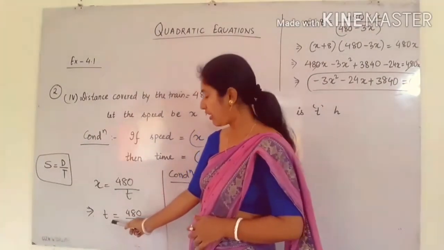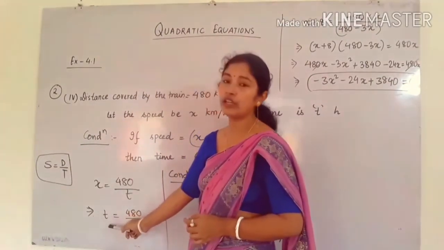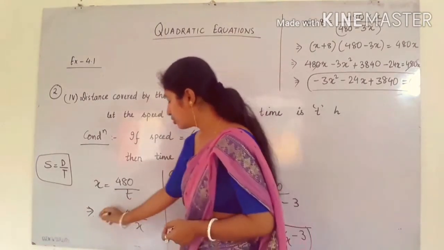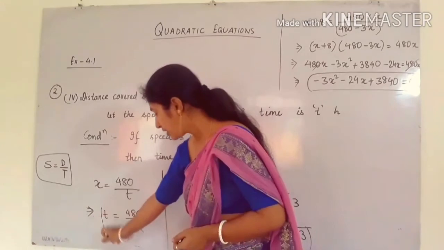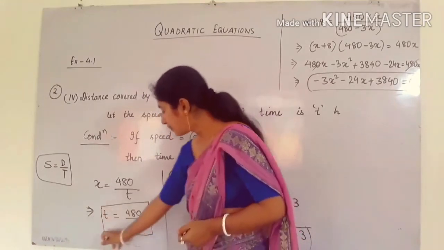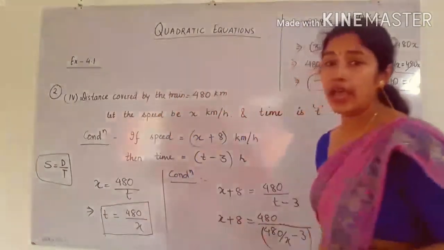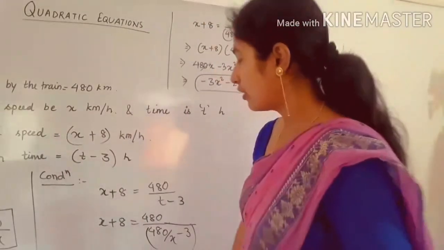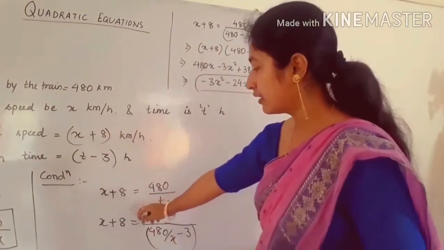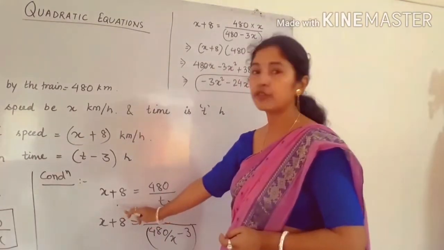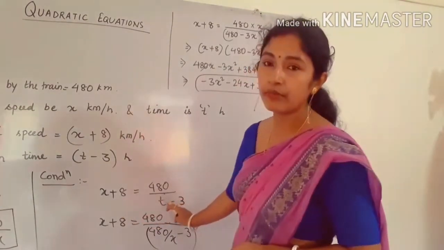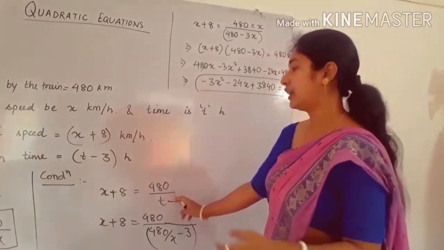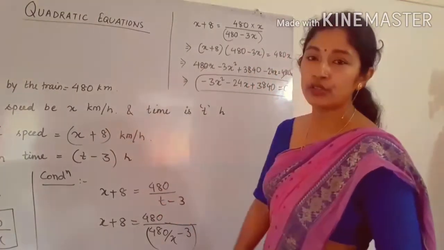See, why have I found the value of t here? There is a reason for that, which I will tell you afterwards. Here we are writing the value for t, and from the second condition which is given, we can write x plus 8 in place of speed. Distance is the same as given in the question, 480, and time is what? t minus 3.